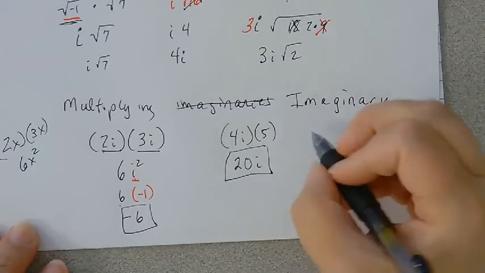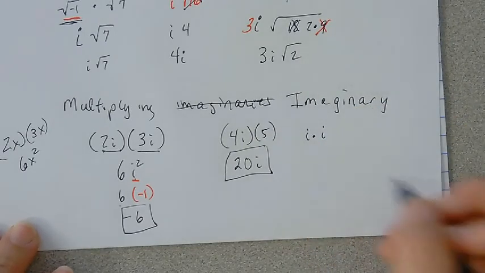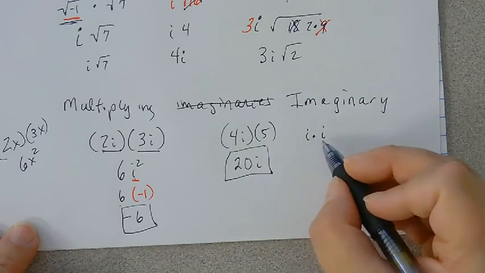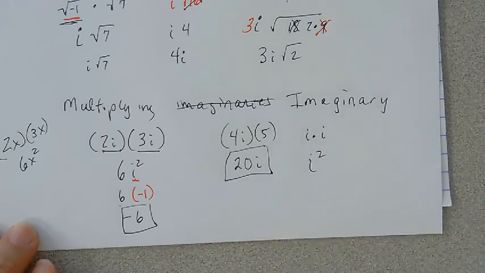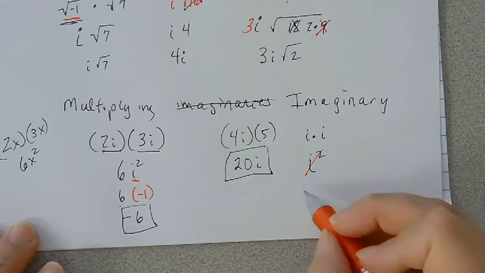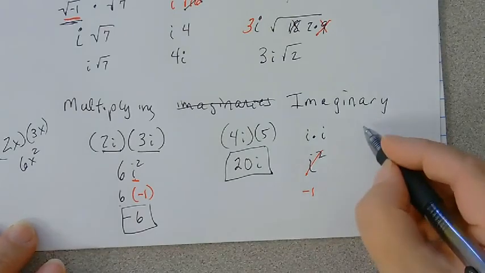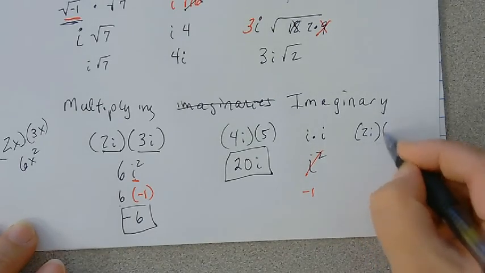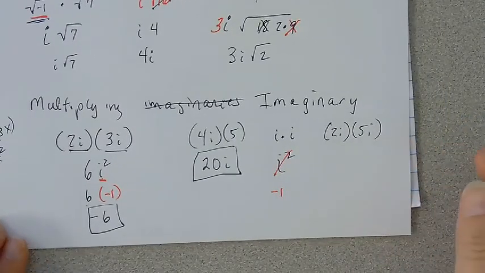Let's do this one. i times i. It'd be kind of like having x times x. When you have i times i, it's i squared. But i squared represents -1. So the answer in this case would just be -1. Let's do one more. Once you try this one, pause the video and then see how you did.